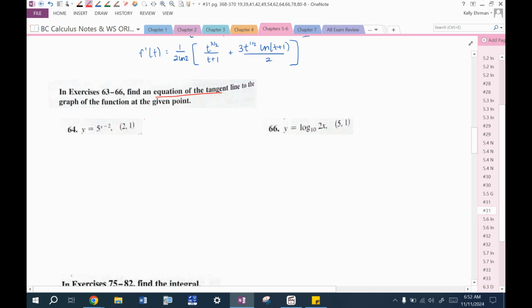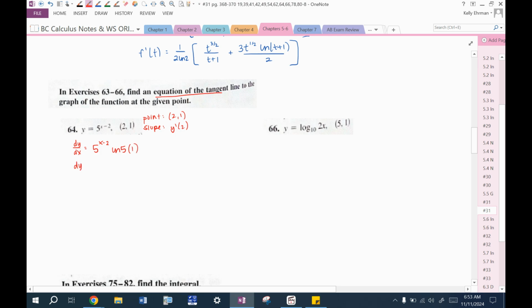So we need a point, which we were given, 2, 1, and we need a slope, which will be finding y prime and evaluating it at 2. So let's find y prime first. So dy dx is equal to 5 to the x minus 2 times natural log 5 times the derivative of x minus 2, which is 1.